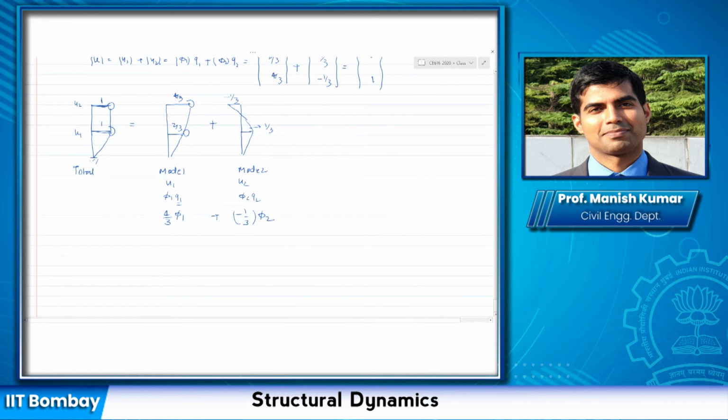Can you see how each mode is contributing to the total response? If I get these factors Q1 and Q2, I just need to multiply with the mode shape to get the total response. This is called the modal expansion of the displacement: how the total response can be written as a sum of individual responses. Is this clear? Any doubt up to this point?